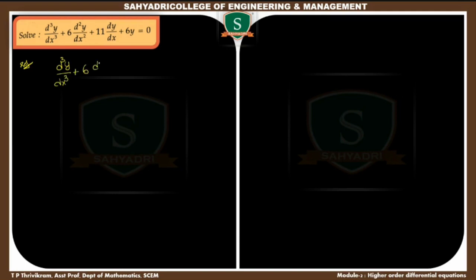First write it in notation form. So D cube plus 6D square plus 11D plus 6, operating on y, is equal to 0. This is the notation form of the given differential equation.